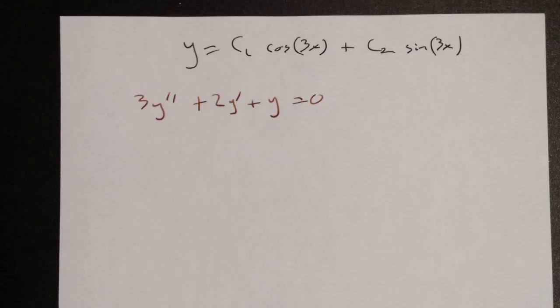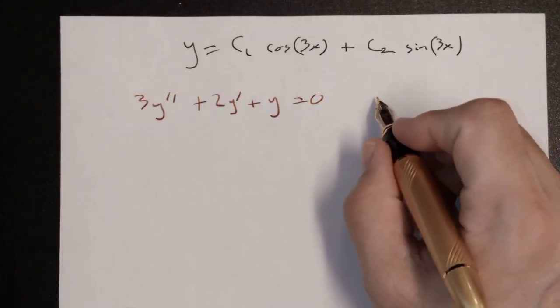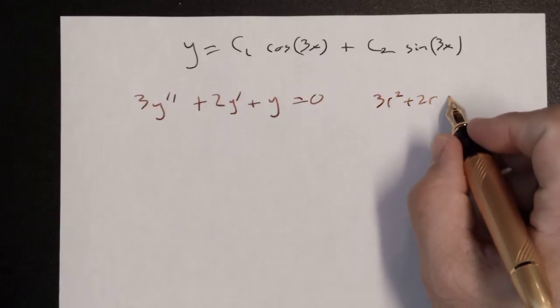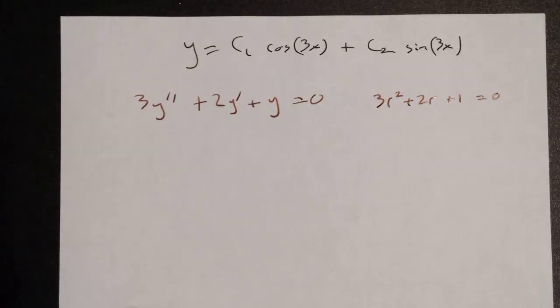My corresponding auxiliary equation, 3r squared plus 2r plus 1 equals 0. Now, I am about to prove myself to be a complete pain.